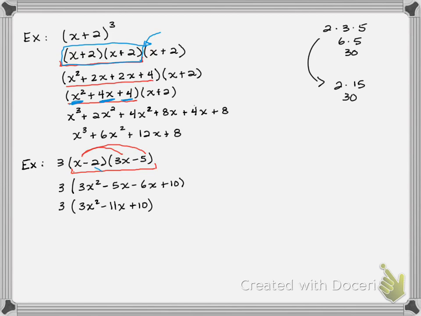And then I did negative 2 times 3x and negative 2 times 5. And so then we combine those like terms. Now, notice I didn't drop my parentheses because I haven't addressed the multiplication that is outside of them. And so now I can distribute that 3 and I get 9x squared minus 33x plus 30.